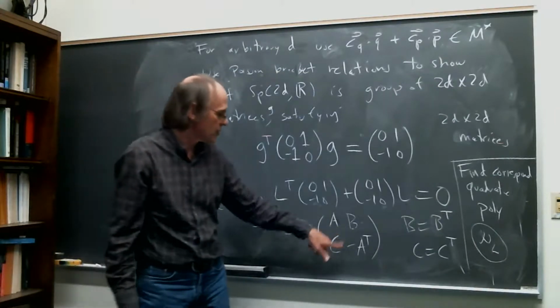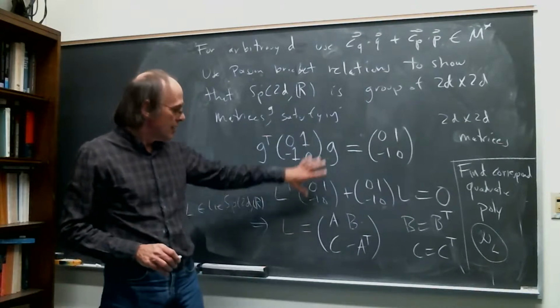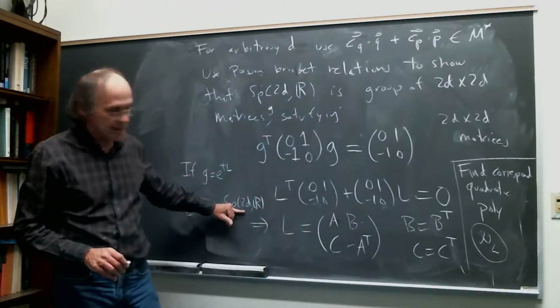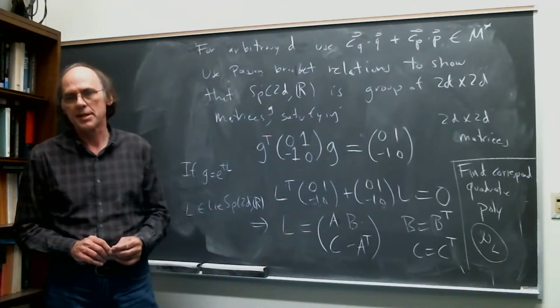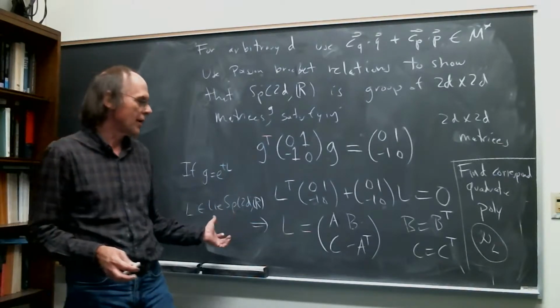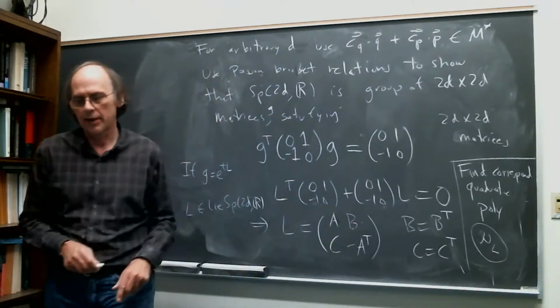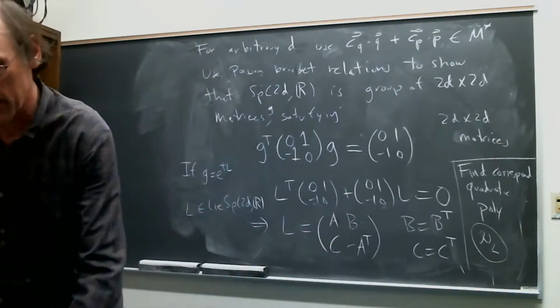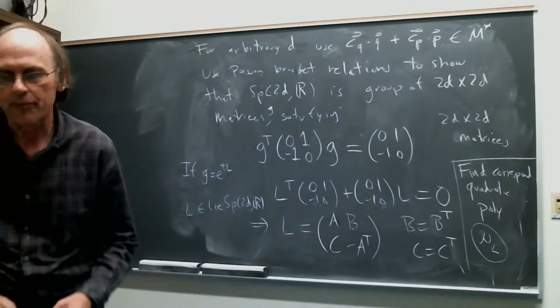If I give you such a matrix, instead of thinking of this Lie algebra this way, you can think of it as a Lie algebra of quadratic polynomials, and so you want to know what's the quadratic polynomial corresponding to this matrix. The formula is worked out in the text.